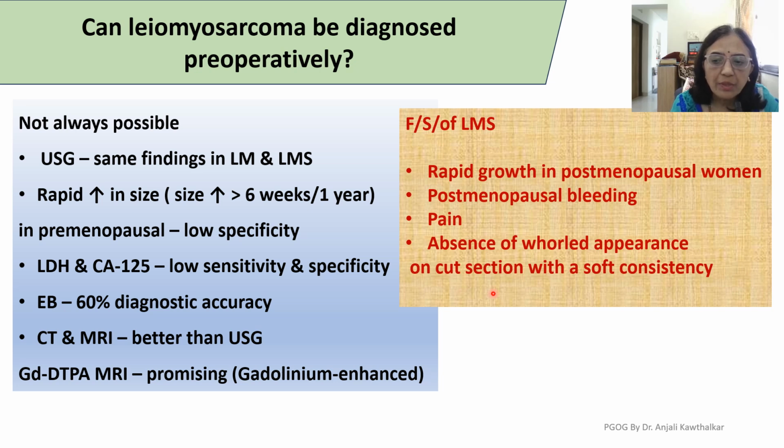It has a variegated appearance, and it is a very fast growing tumor, so the presence of necrotic areas also is quite larger, and it changes the consistency from firm in leiomyoma to soft in leiomyosarcoma.